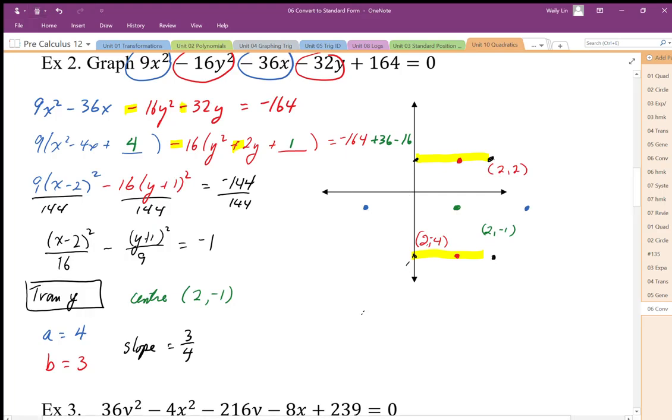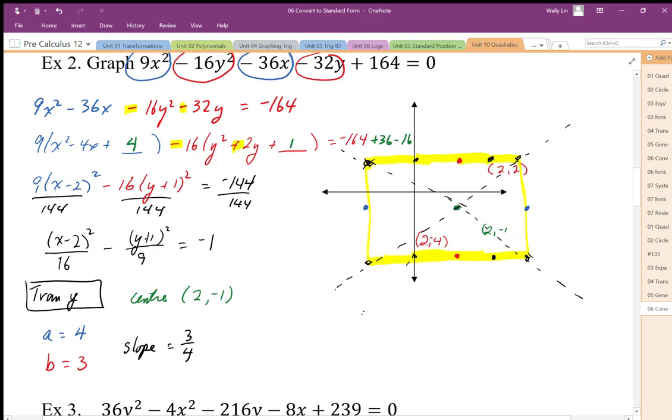Okay, so again, I want to get my rectangle in there. And again, the key points are going to be the corners of that rectangle, which allow me to work out the slope. Okay, so those 4 points allow me to draw in the slope. That slope is 3 over 4. Let's just straighten that out a little bit.